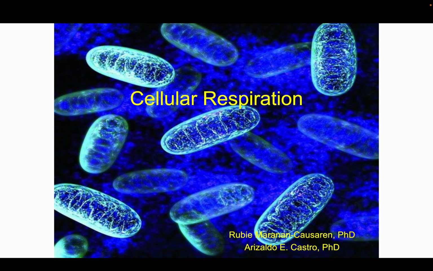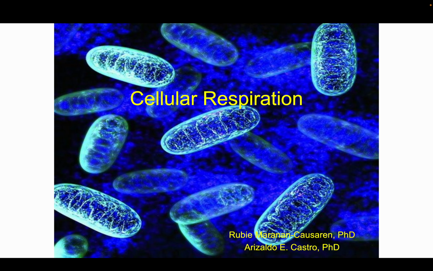So, cellular respiration is a metabolic pathway that produces energy in the form of ATP, primarily starting from glucose molecules, or making use of glucose molecules as starter material. Okay, in animal cells, the process yields ATP molecules.